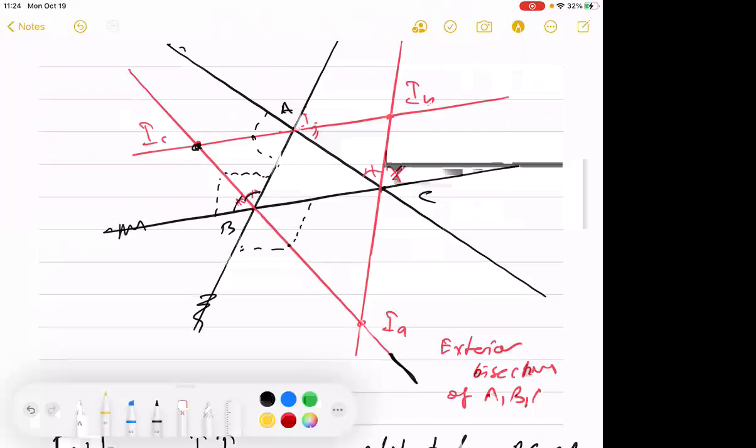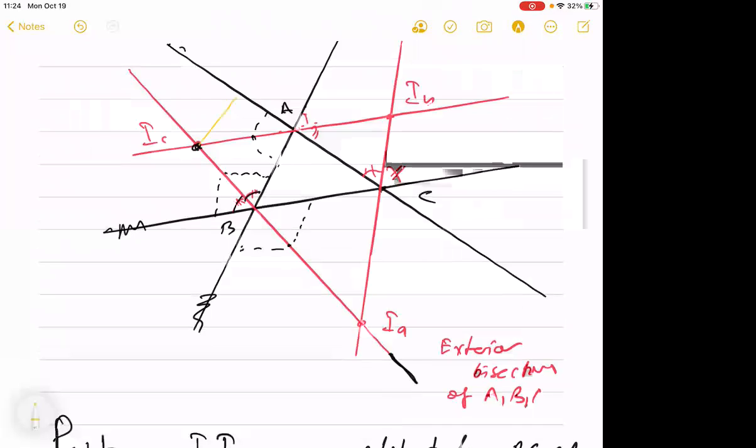So we have this length, let's call this RC, and that length and this length are the same. So if we draw this circle of radius RC with center IC, we have a circle like that.